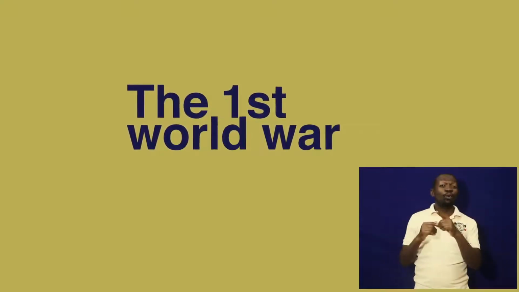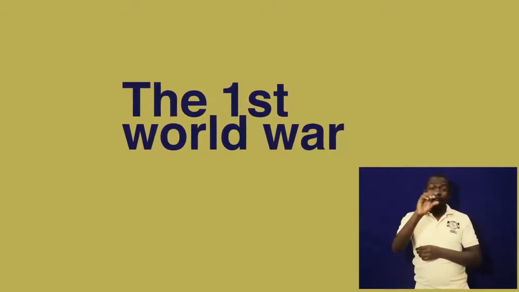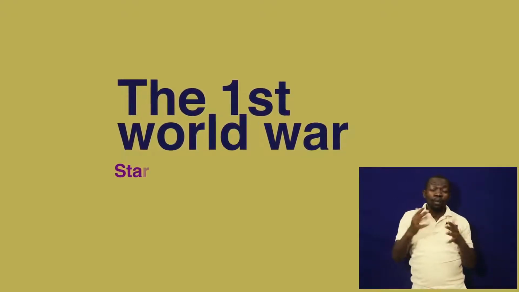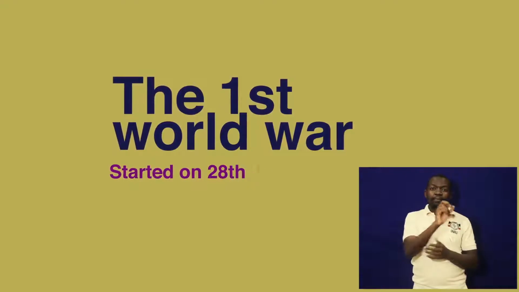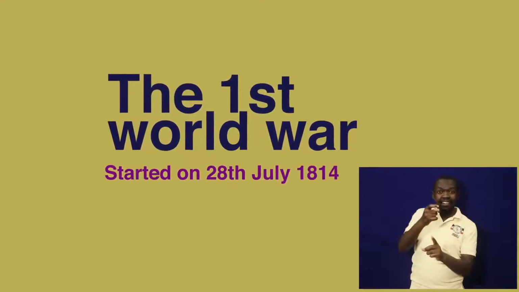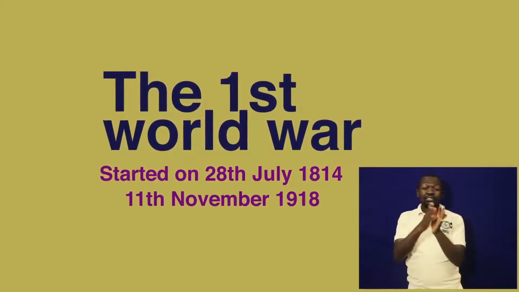It was a global war. It broke out on the 28th of July, 1914, and ended on 11th November 1918. Sounds crazy. Not so? How on earth could the whole world find itself fighting?